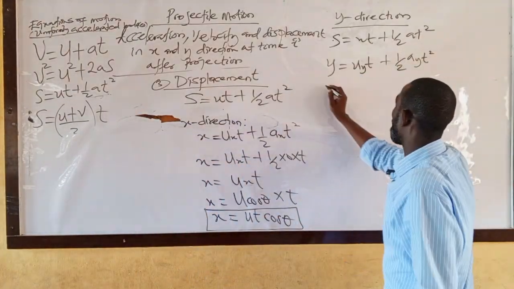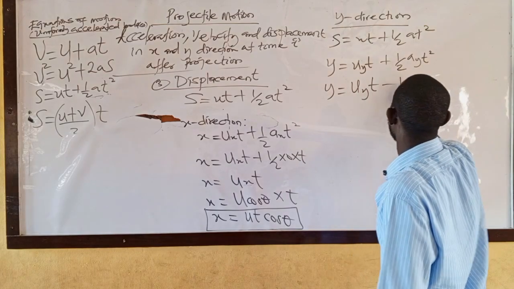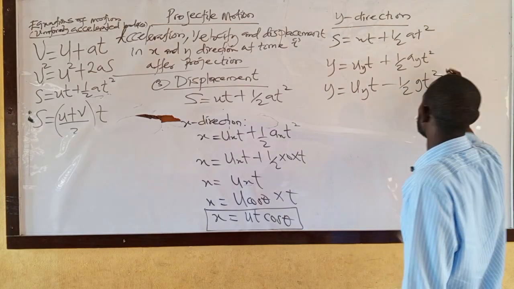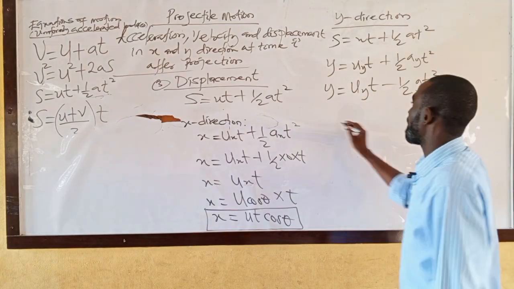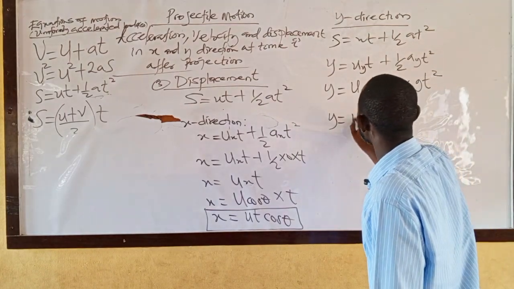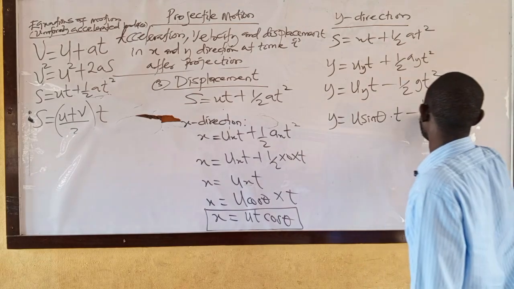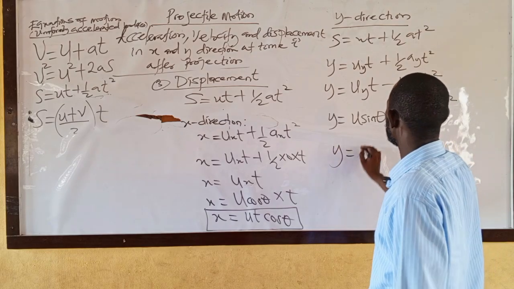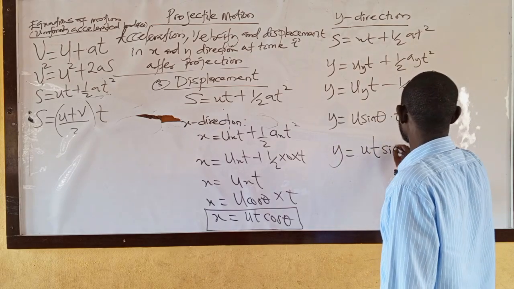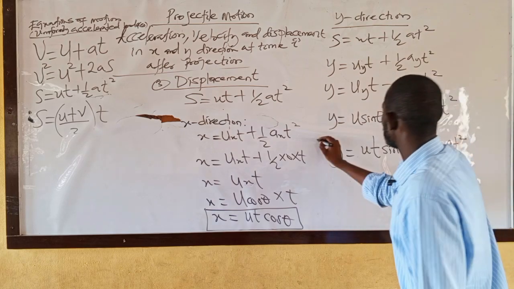So y equals uyt minus half gt squared. What's our uy? U sin theta. So y equals ut sin theta minus half gt squared.